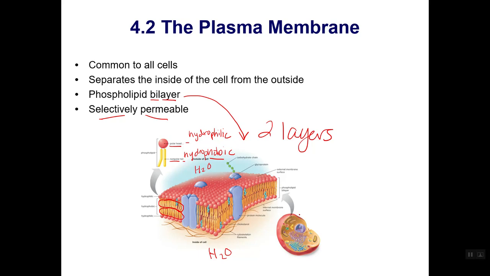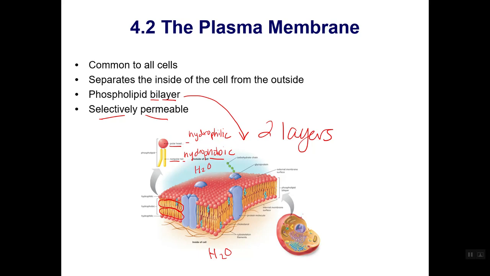All right, and so we don't want just anything and everything to get in our cells. For example, we don't want excessive amounts of sodium to get inside of our cells because that would throw off the balance. It needs to have a normal reference range in order to be compatible with life.